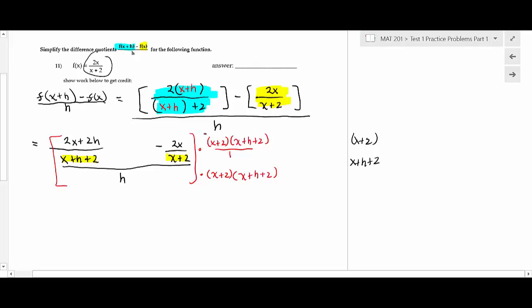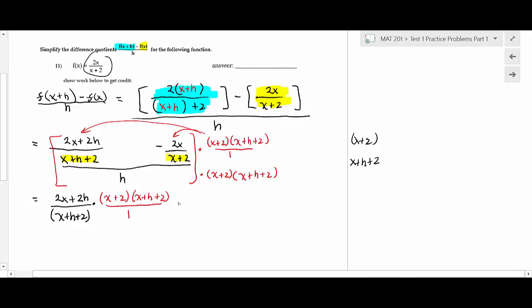So you're doing a distributive property. You're going to multiply that by that. You're going to multiply that by that. Now I'm going to write out the step on here. You don't necessarily have to do this, but if you need to, then certainly take the time. So I'm going to have 2x plus 2h over x plus h plus 2 times, and then I'm distributing this, so this is x plus 2 times x plus h plus 2, like that, all over 1.